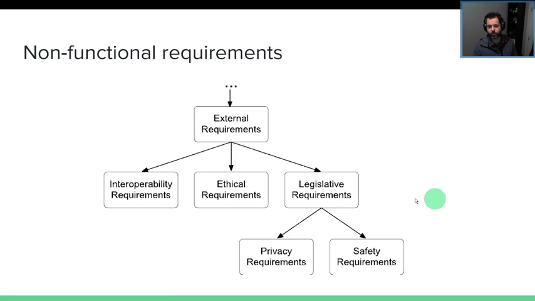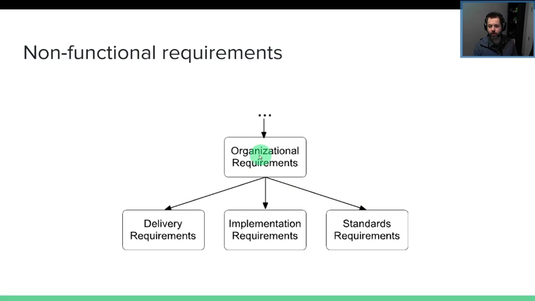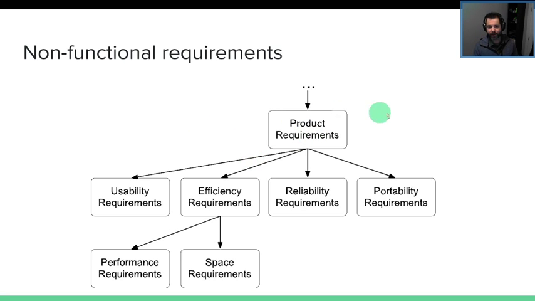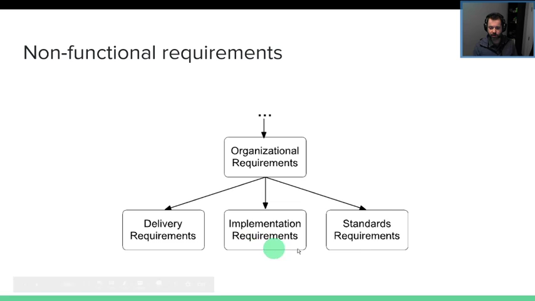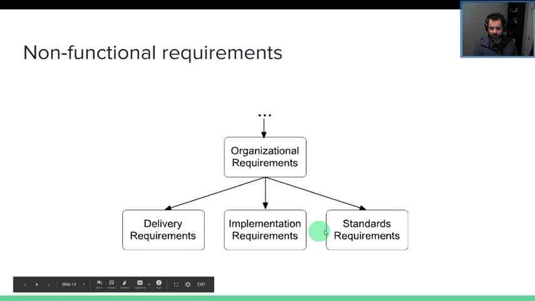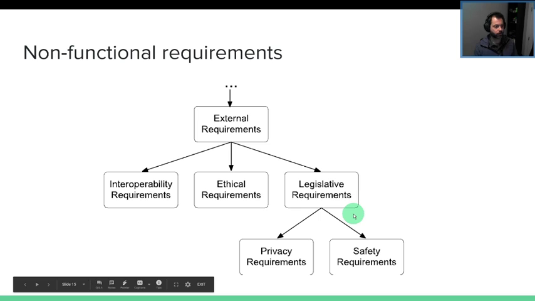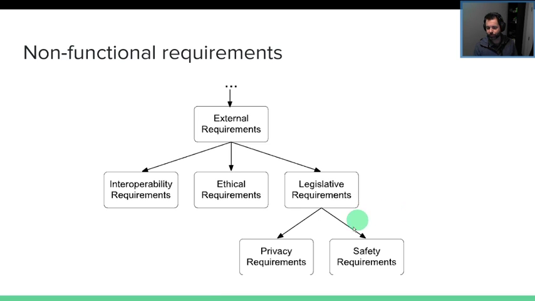So effectively, we just have different categories is kind of what we're trying to get at here. And non-functionals, if you look at all these high-level categories, you can kind of see that they are very broad, right? They're not specific.